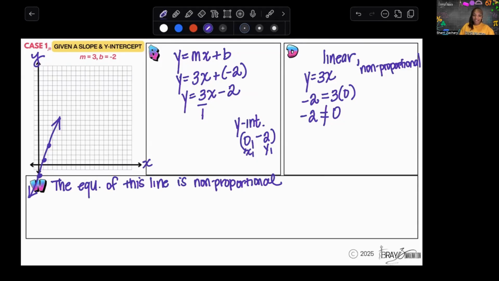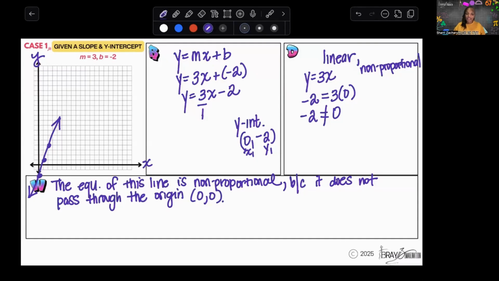That's what makes it non-proportional. So I'm going to say, because it does not pass through the origin 0, 0.